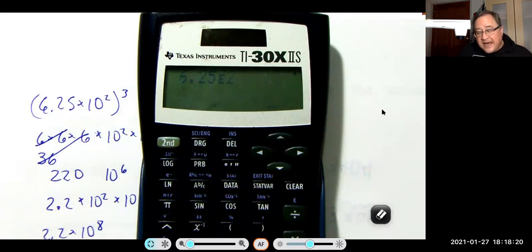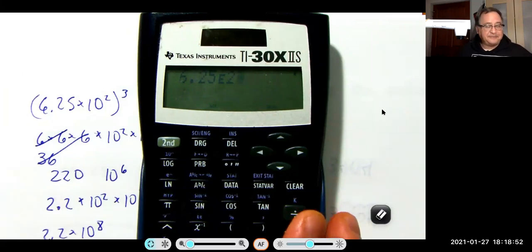So the way you would read that is parentheses 6.25 times 10 to the second power, end parentheses. That's what that represents. And it doesn't take many keystrokes to do it. So I use it because I don't need to worry about parentheses for that particular part of the problem. So are we good to go? That's a yes or no. We good to go? There's a question.